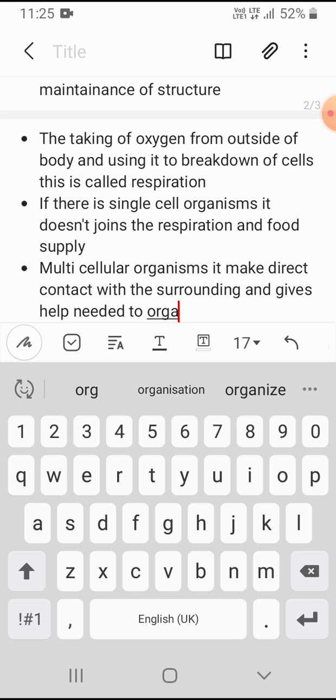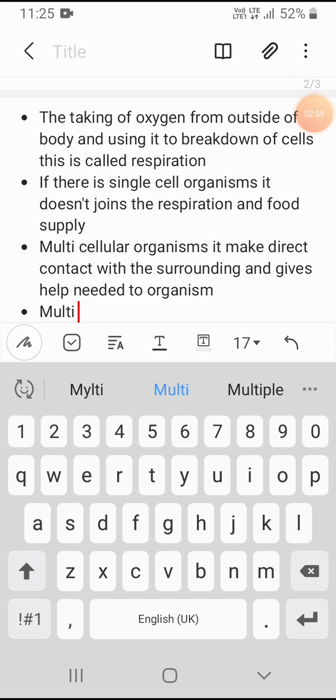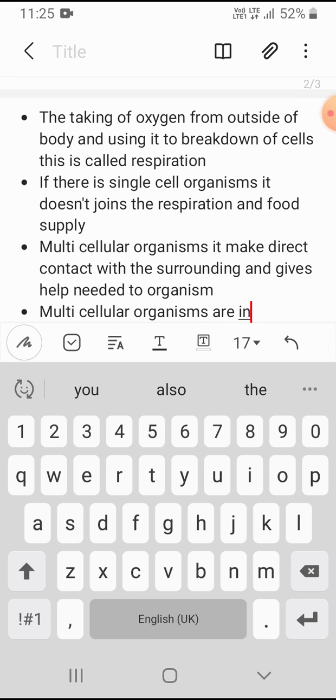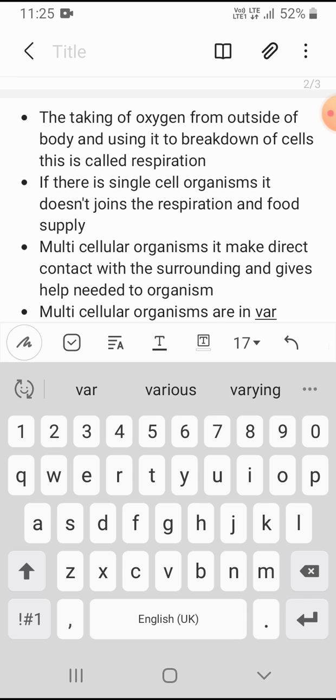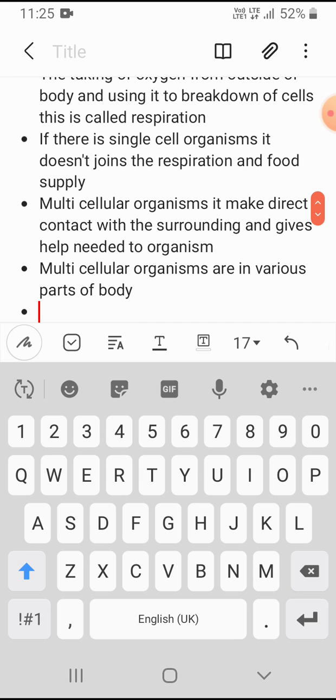What help does an organism need? In multicellular organisms, cells are in various parts of the body.